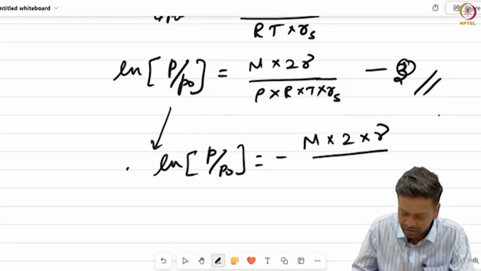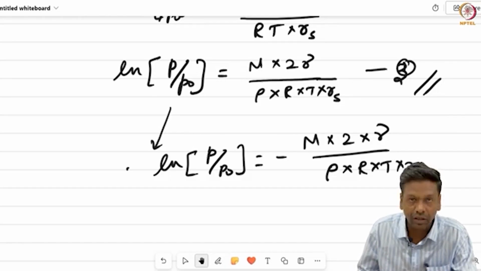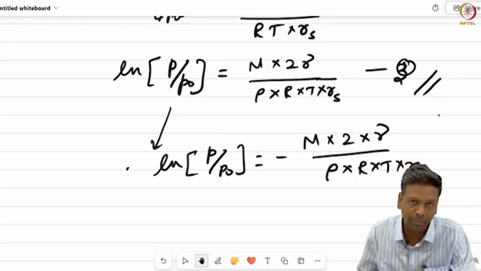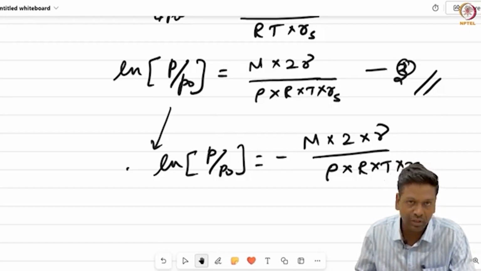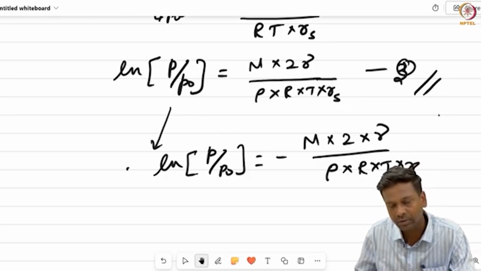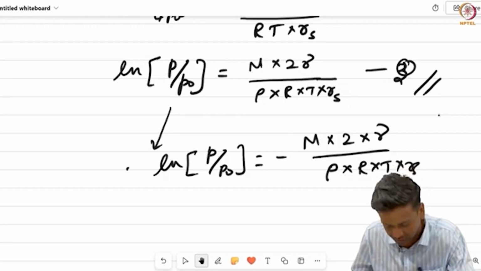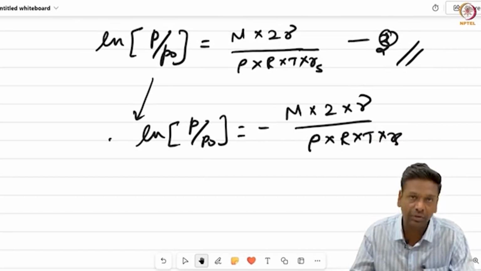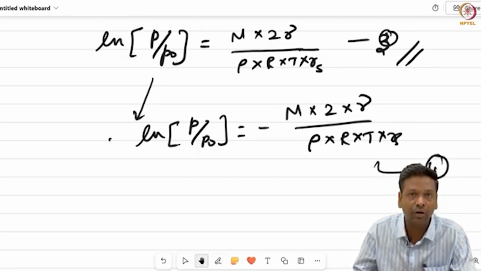The equation takes the negative sign because the radius of the spherical bubble cannot be negative, and the natural logarithm is going to be negative as P by P naught is a fraction. You need to include this negative sign so that the radius of the bubble that we calculate will be a positive quantity. So equation 3 is applicable for a droplet. Equation 4 is applicable for a bubble.